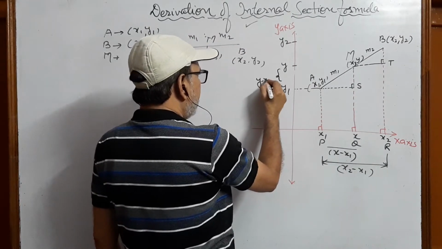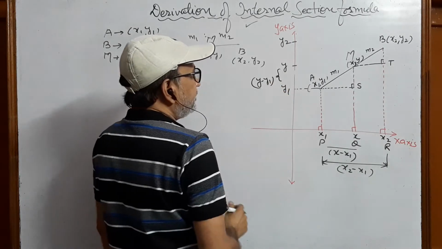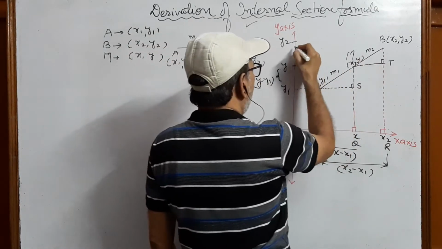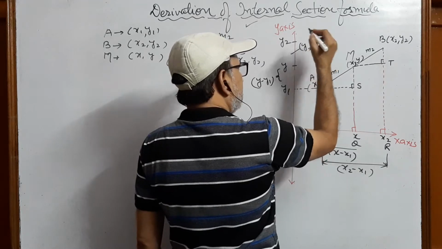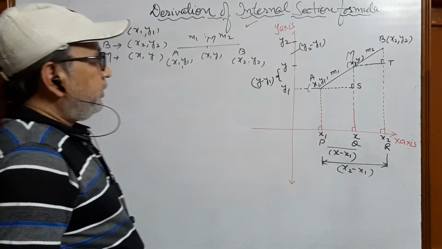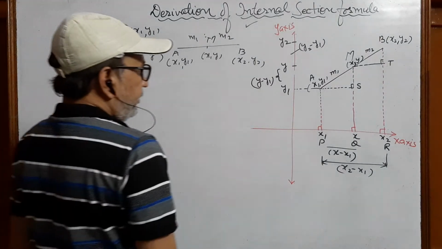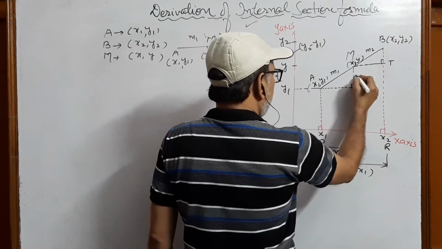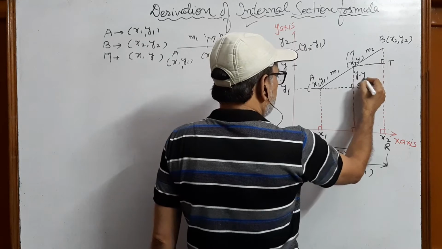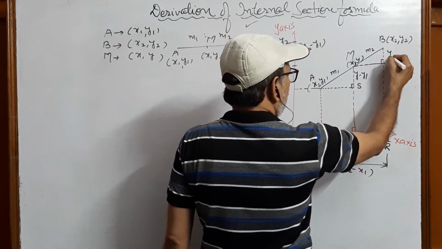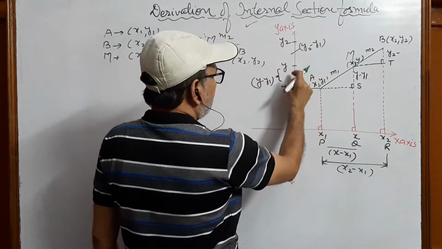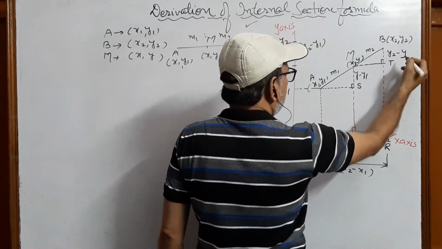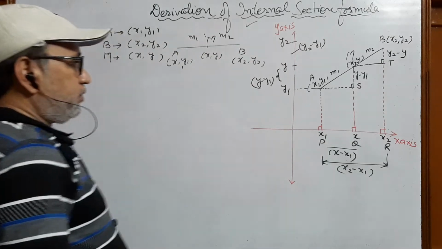So y minus y1, isn't it? And this is y2 minus y1. So this becomes your y minus y1, and this is y2 minus y, complete here.